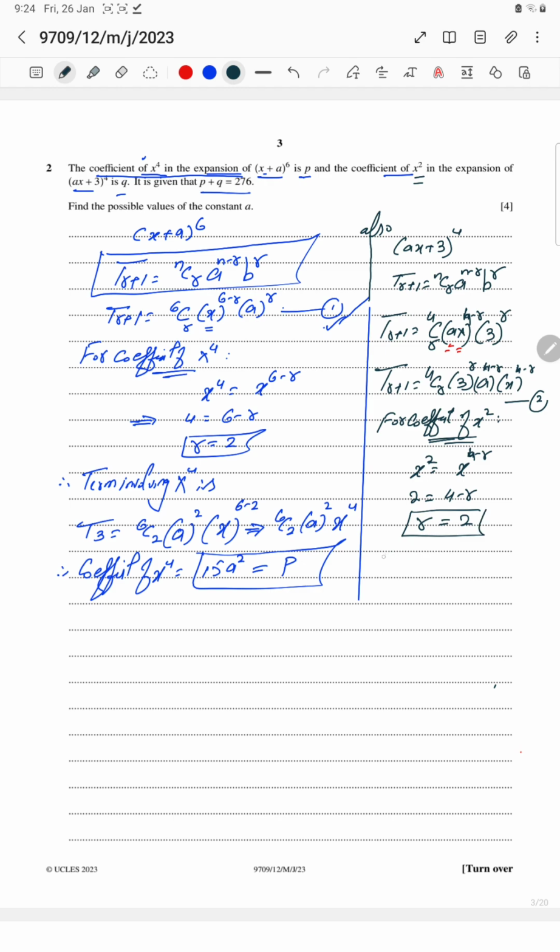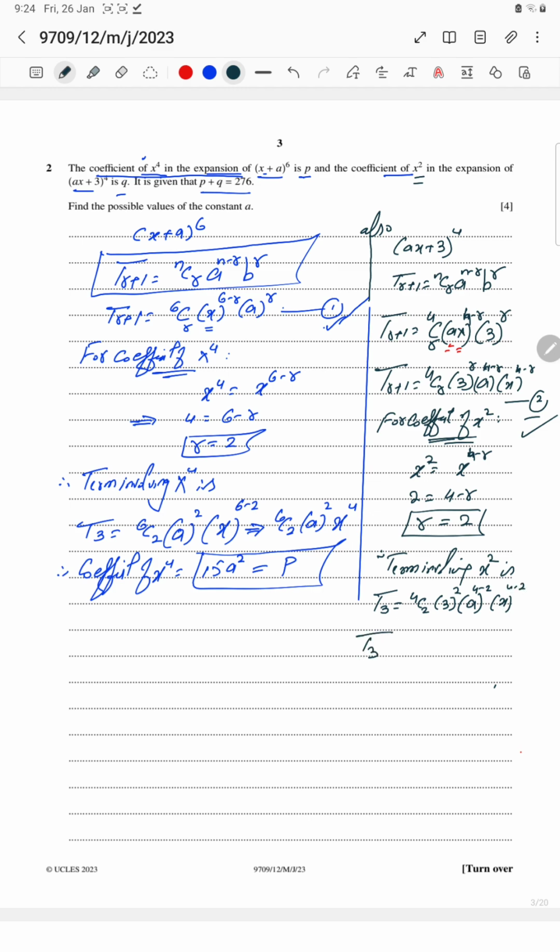Now therefore the term involving x square is, replacing into here, we get T_(r+1) = 4C2 times 3^2 times a^(4-2) times x^(4-2).